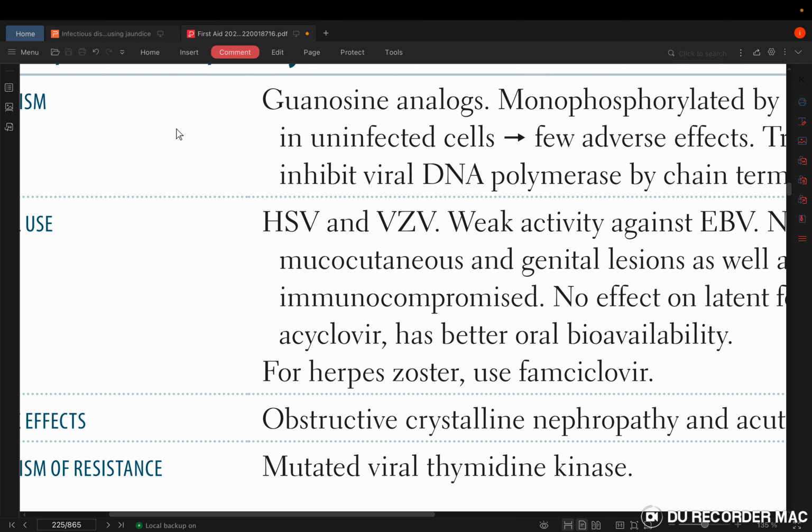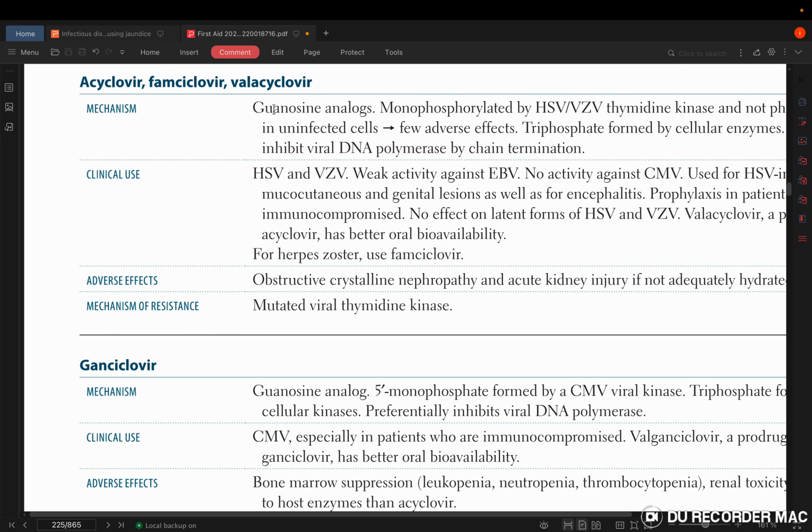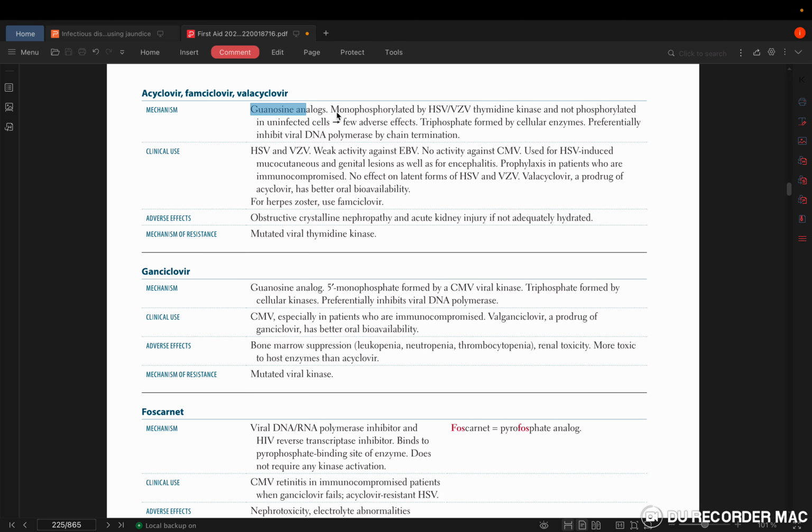But that was a guanine, not a guanosine. So this is a nucleoside, not a nucleotide, okay? Nucleoside, not a nucleotide. But it's close enough. So I want you to know a few points about acyclovir. I hope I will be able to find a good picture.